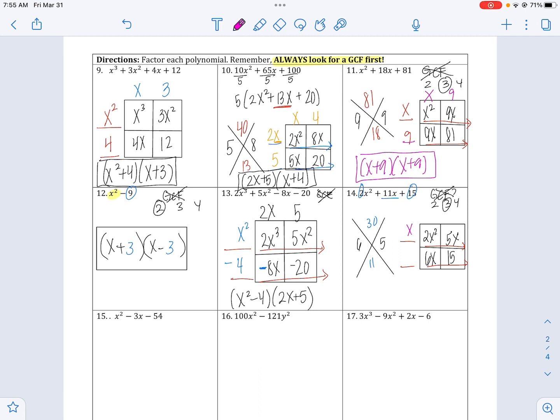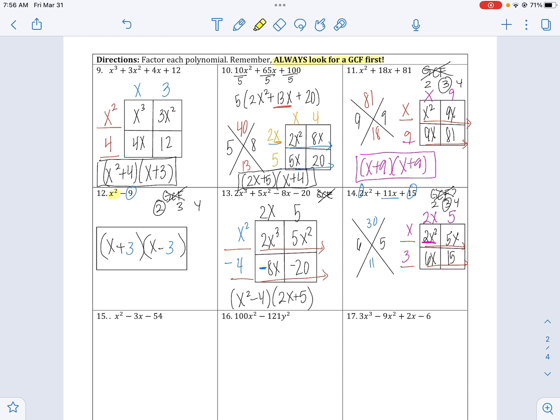Yep, so it's 3. That's your GCF. Go ahead and work backwards. X times what gives me 2x squared? That's 2x. X times what gives me the 5x? It's just 5. Double check your work. That's 6x. And this is, my bad, 15 right here.